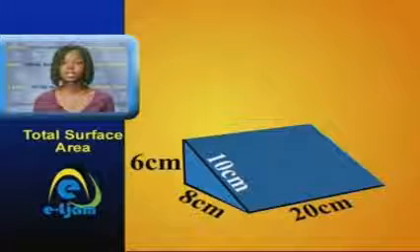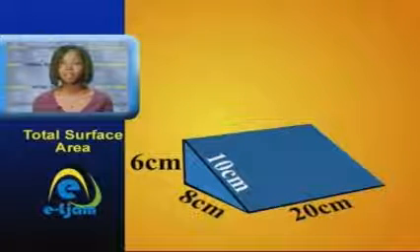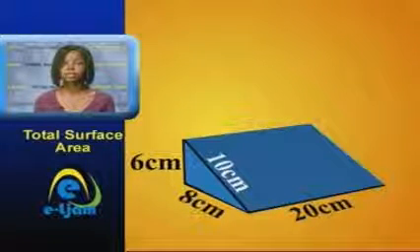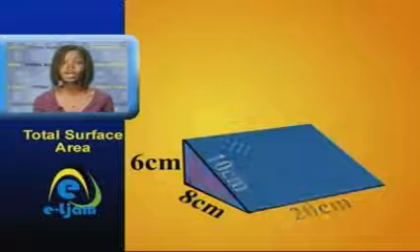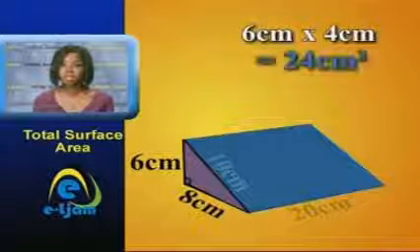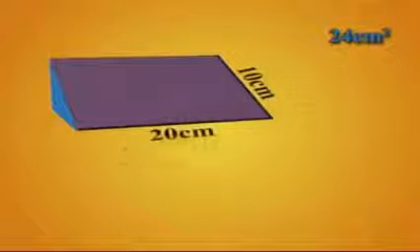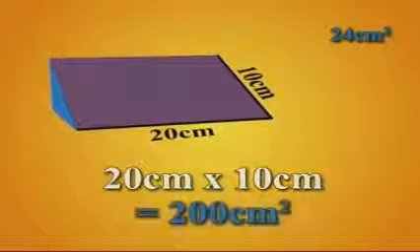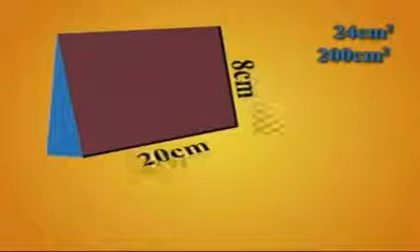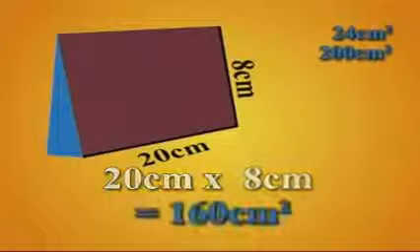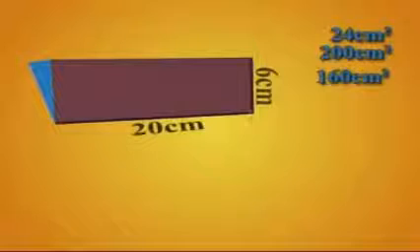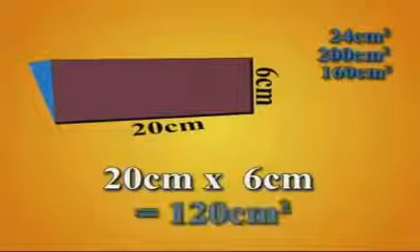Looking at the cross-section, we see that it is triangular. So we find the area of the triangle, which would be half times 6 centimeters times 8 centimeters equals 24 centimeters squared. Next, we find the area of each of the rectangular faces. 10 centimeters by 20 centimeters, 20 centimeters by 8 centimeters, and 20 centimeters by 6 centimeters.